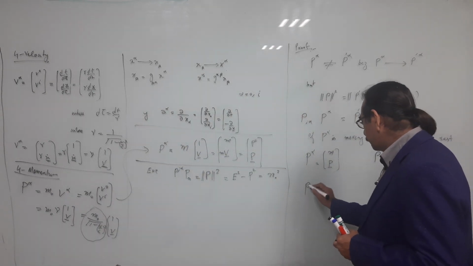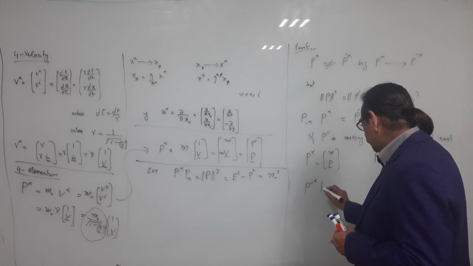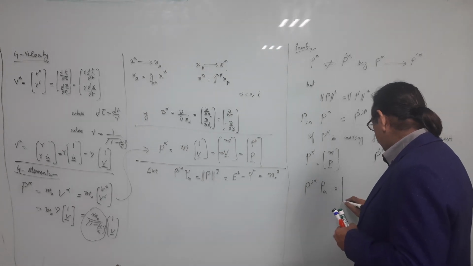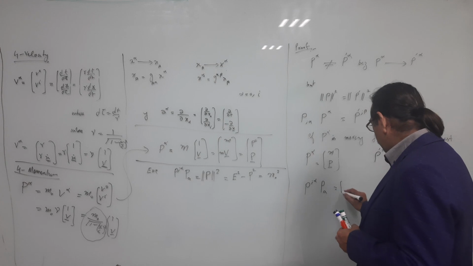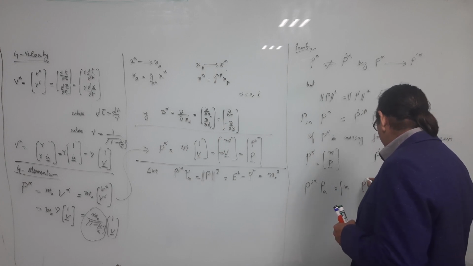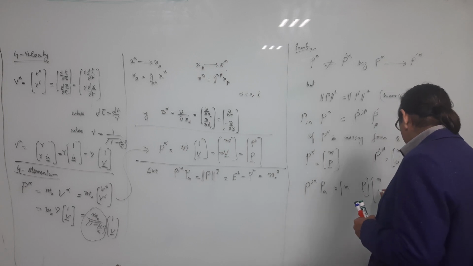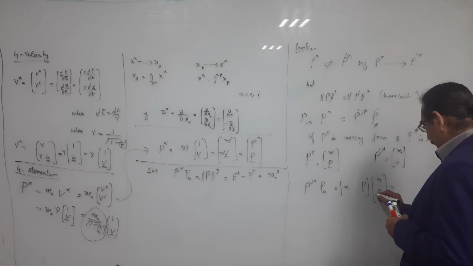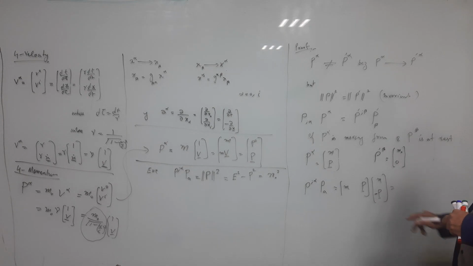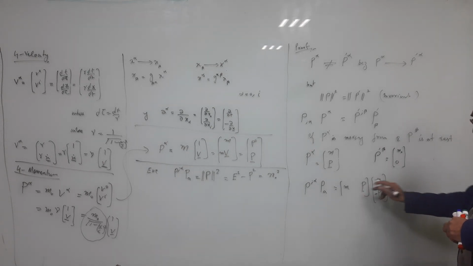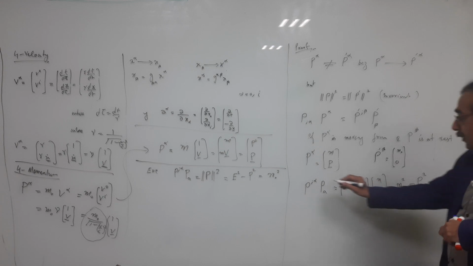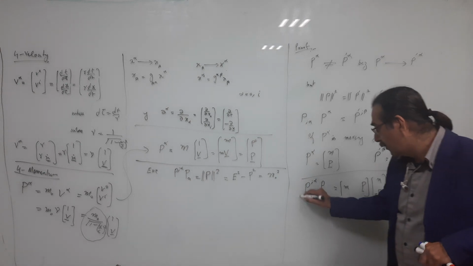Okay. So P alpha, this is rho, M P, this is minus M multiplied M square minus P square. One result will be this.